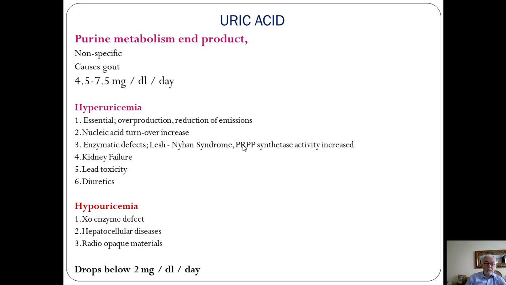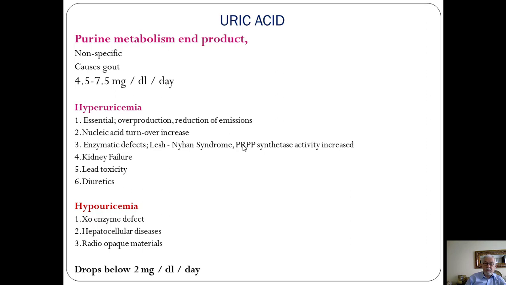Some enzyme defects, such as Lesch-Nyhan syndrome, a problem of the key enzyme of the purine salvage pathway, hypoxanthine-guanine phosphoribosyltransferase activity. In this syndrome, we can recognize hyperuricemia or some other problems because it's a syndrome.